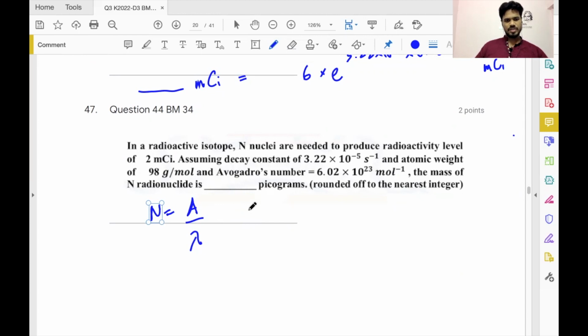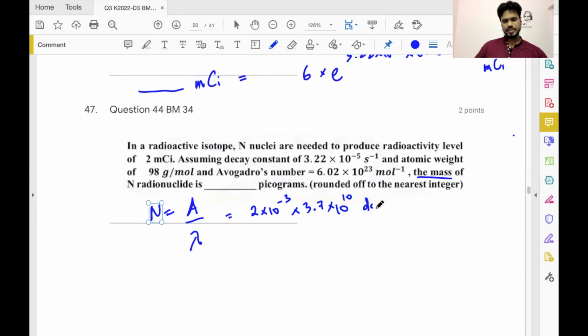Now we have to convert that into mass. So let's quickly do this. 2 millicurie is 2 into 10 power minus 3 into 3.7 into 10 power 10 decays per second.